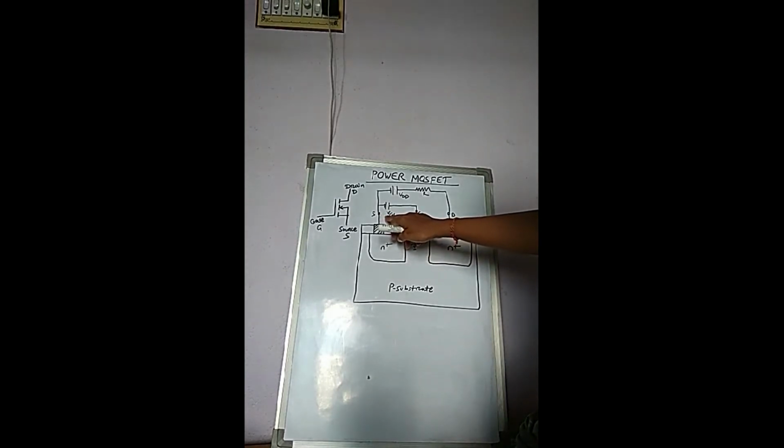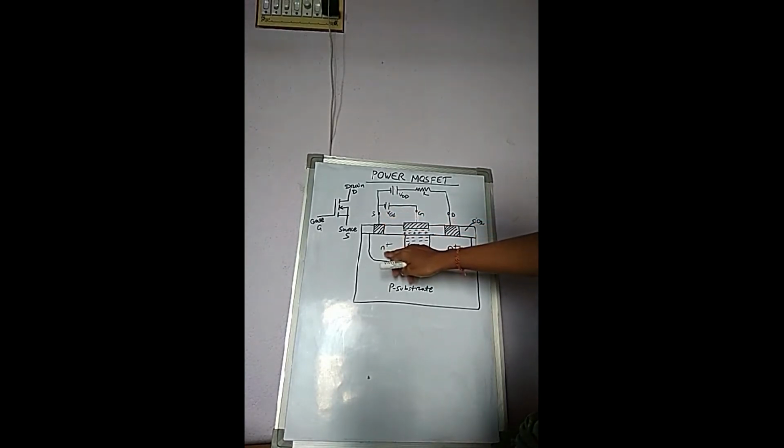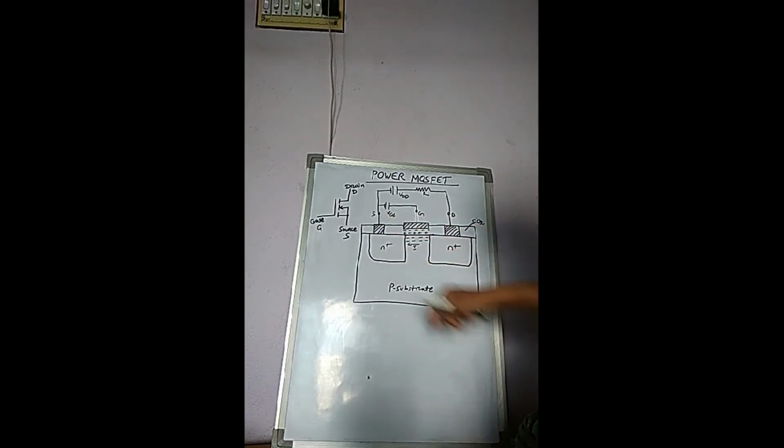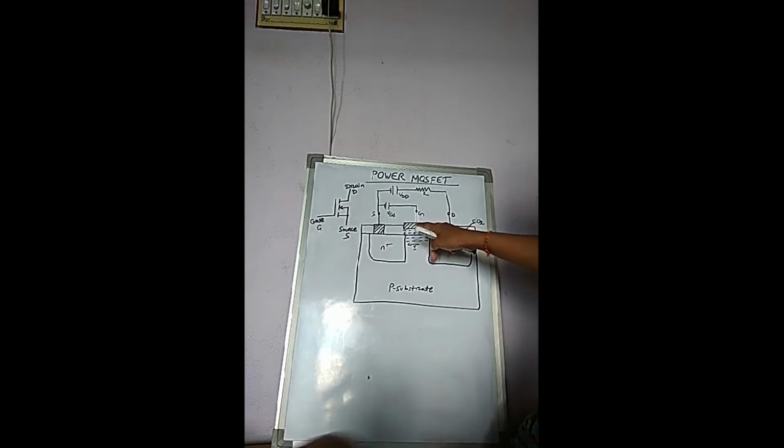Similarly, the source terminal is connected with the N plus region through this metallic body. And the gate terminal is here. From this metallic region over this SiO2 layer, this terminal is the gate terminal.